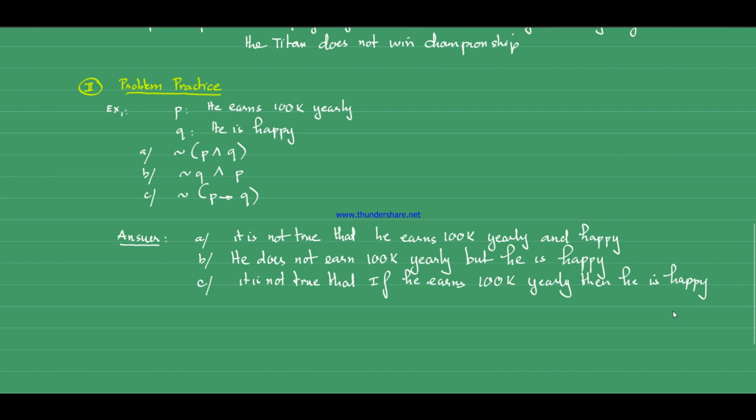There's another way to express this. It is not true that if he earned 100,000 K yearly, then he is happy. You can put, if he doesn't earn 100,000 K, then he is not happy.